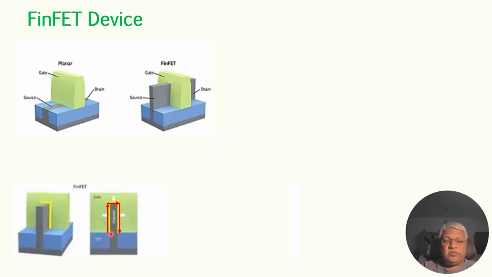So this gate oxide and another gate oxide, another gate oxide, there is a thin film here, and this gate will control the channel in three places. So that is why the leakage current in FinFET is far less than the planar one. Hence, the FinFET, with other advantages included, can work very well compared to the planar devices.